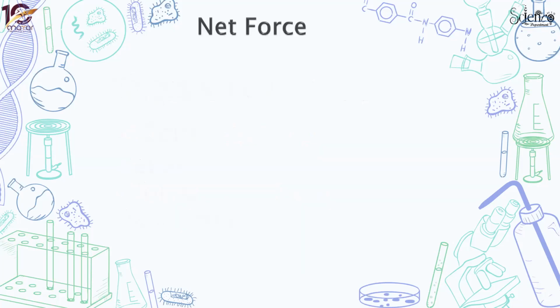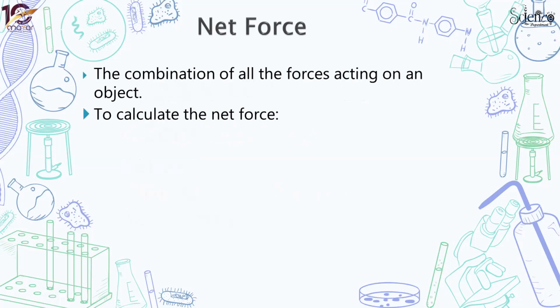Now, whenever I'm talking about forces, to know how the force is going to affect the object, and especially if I have more than one force acting on the object together, in this case we need to find the net force. And what do I mean by net force? Remember that net force is the combination of all the forces acting on an object.